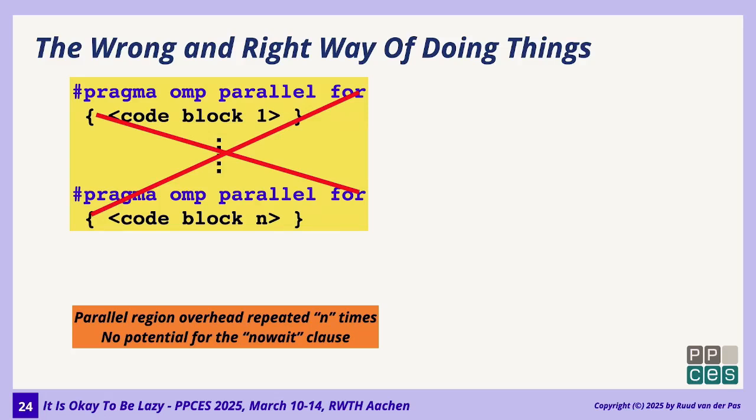So that's one. So these are sort of parallel regions in disguise. They look like a for loop, but are really parallel regions. So the compiler can strip out some of the overhead, but it's still relatively expensive. Worse, there's no potential for the no wait clause. And I think that was mentioned yesterday, Christian. Sorry, the no wait clause was mentioned.